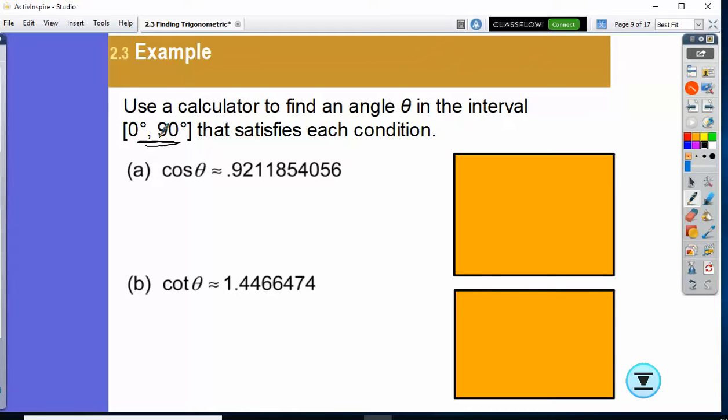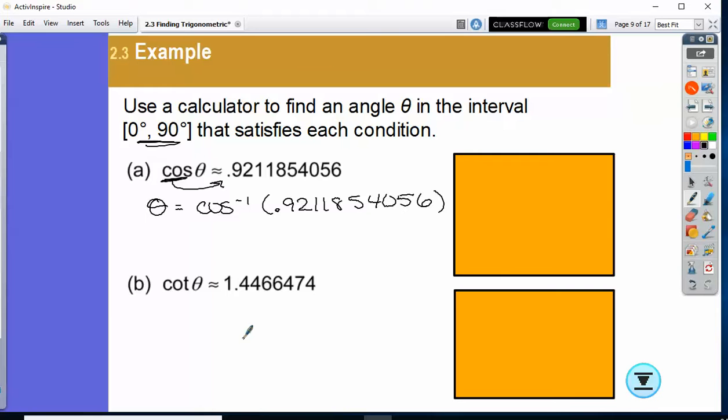And then if I want my angle, that's when we use the inverse button. Essentially what we need to do is move this cosine to the other side, and the only way to do that is to make it cosine inverse. So you're going to hit second and then the cosine button, and then type in that decimal.